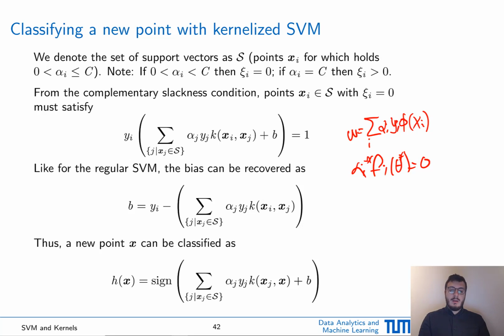If you remember how this decision looked before, it was very similar, but before, instead of this term, here we just had x_j transposed x. But now the similarity is measured by the kernel function.